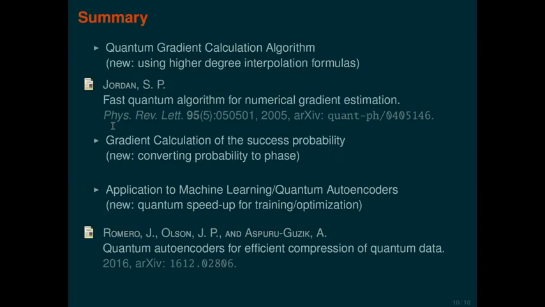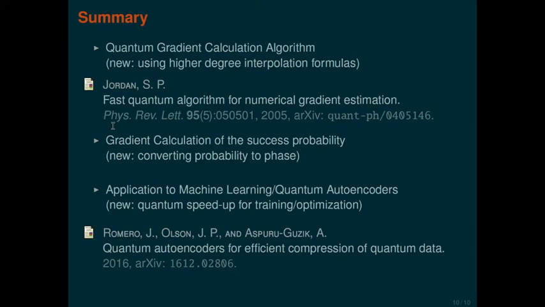Yeah, and basically that's the idea. I want to walk you through once more the main result that we developed here. The first ingredient was an improved gradient calculation algorithm using high degree interpolation formulas or finite difference formulas, which improved Jordan's work.